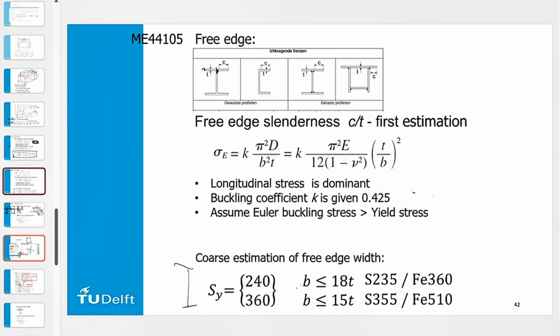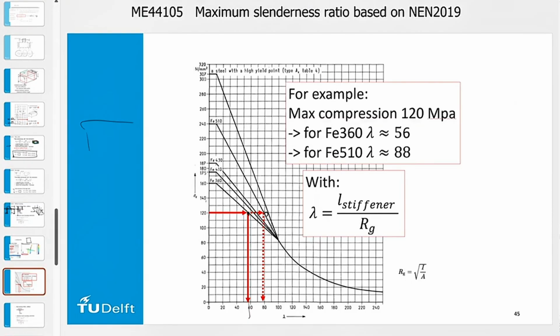Without doing a recalculation, if I have a certain section where my maximum stress in my top or bottom plate is a certain value, I can use this curve to directly determine what my maximum effective width is, and if I need to add a stiffener here, what my maximum slenderness ratio is for my stiffener plus plate.